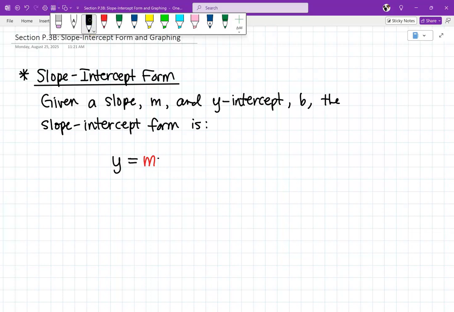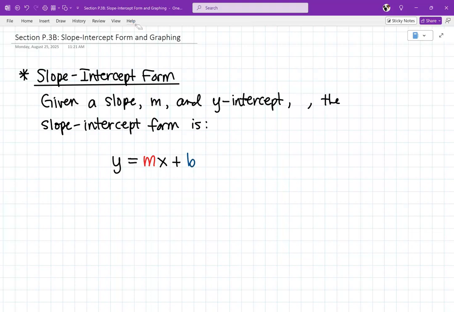I might change some of the coloring here. I'm going to change this b, and I will do this m red. Or let me change that blue to green. It might look a little more obvious. Okay, so that's our slope-intercept form. Given a slope m and a y-intercept b, the slope-intercept form is y equals mx plus b.